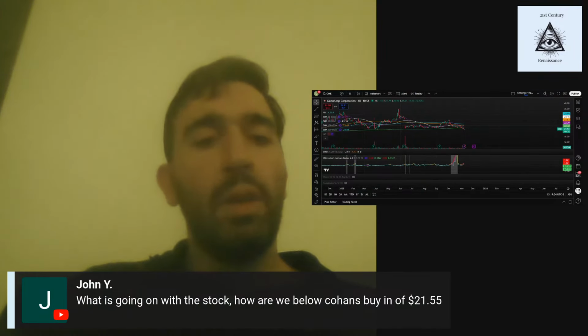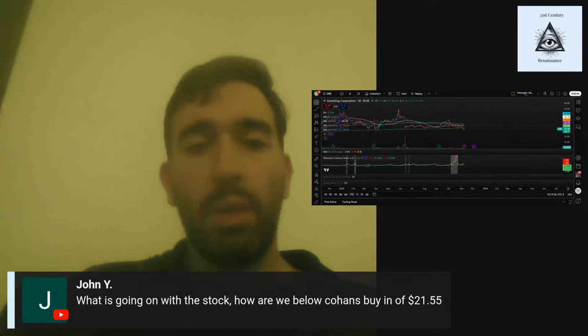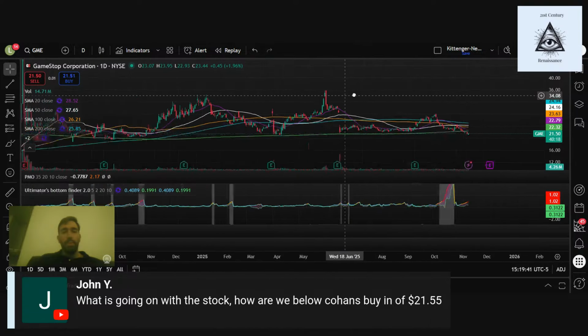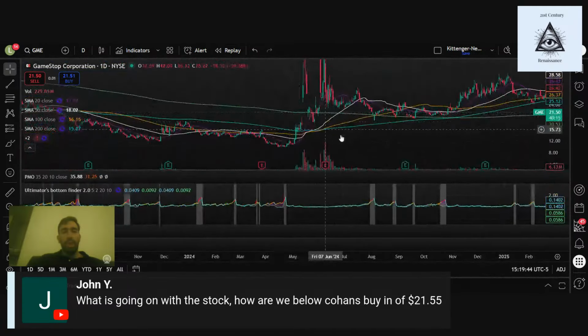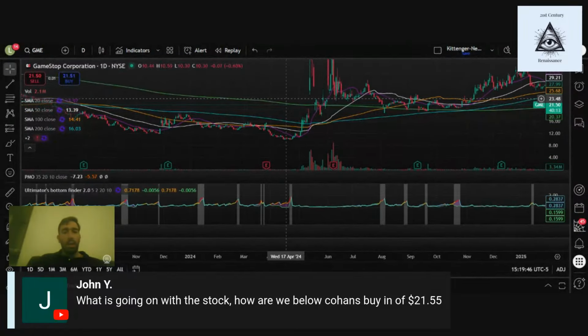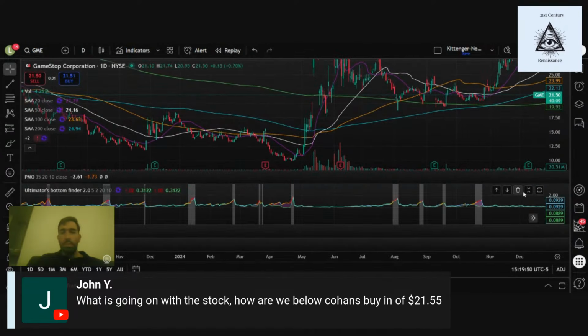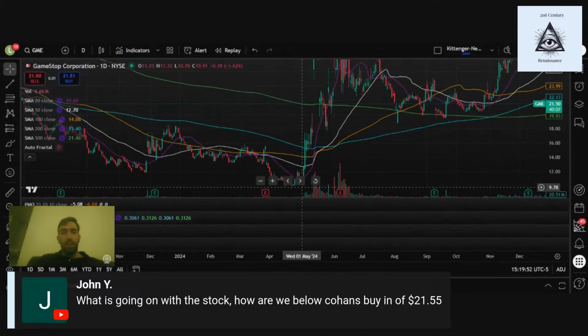If we look at the chart, let's bring the chart back up here and make it a little bit bigger. We look at the chart here, 2x cash, that's the thing. This was like 3.3x cash at $10.